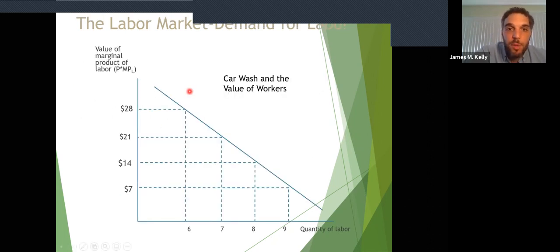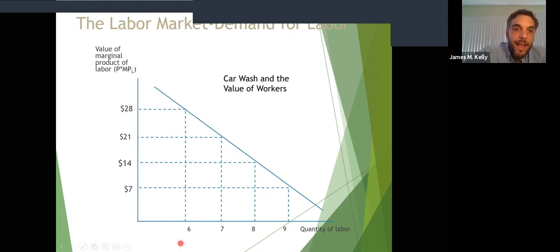Well, if we plot the value of the marginal product of labor on the y-axis and the quantity of labor on the x-axis for this car wash example, we see this downward sloping relationship, which is going to determine the demand for labor.